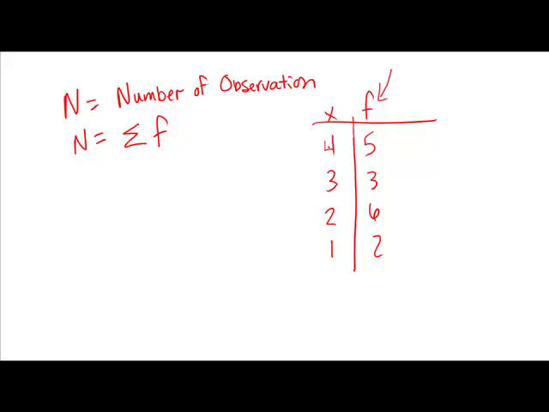So we saw 5 4s. We saw 3 3s, we saw 6 2s, and we saw 2 1s. 5 plus 3 plus 6 plus 2 is 16. N equals the number of observations. We had 16 observations. Right? Yeah. Clear on that?